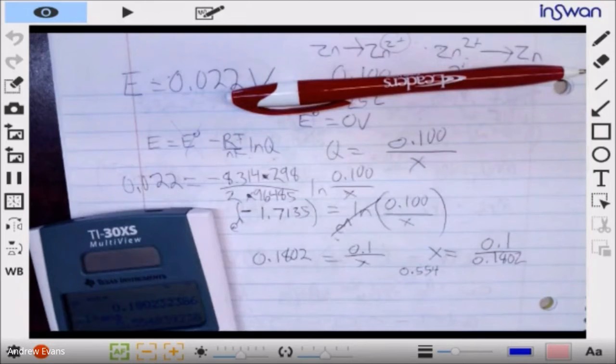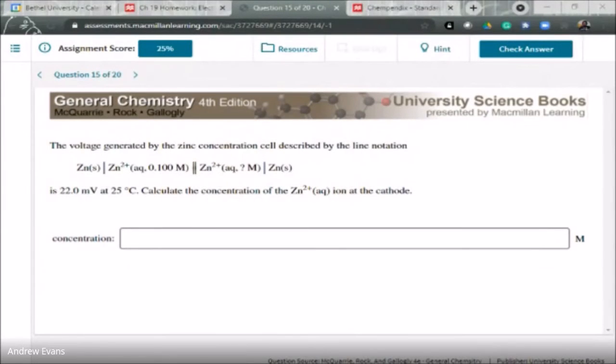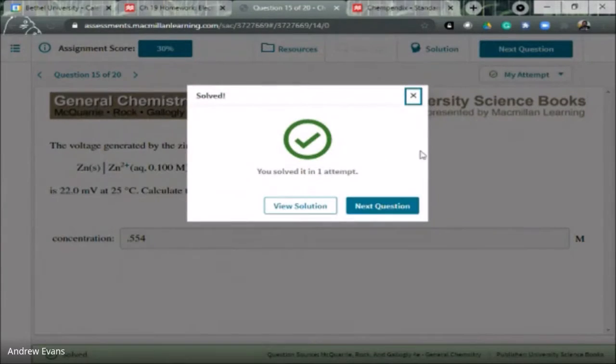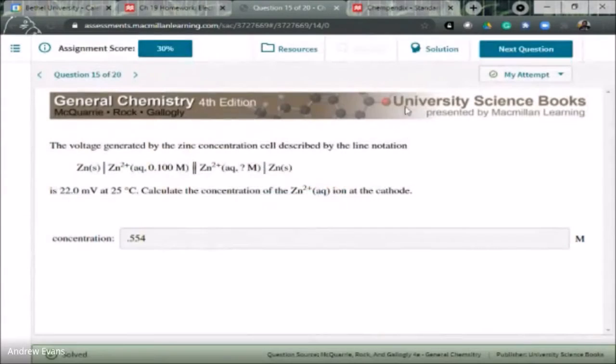Wait, 554. Now let's go back to achieve. Try that number in. Okay. I'm doing this one because it's actually a little bit of a challenge. I'm not going to say this is easy.